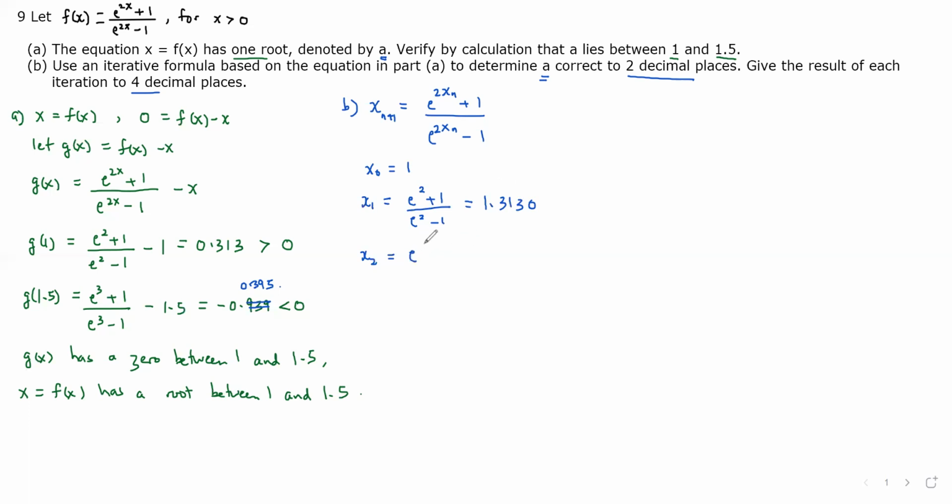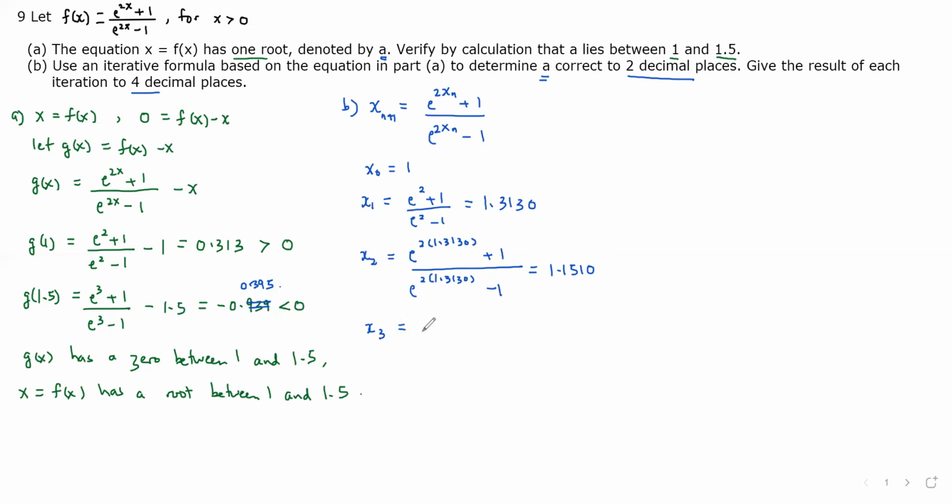You have (e^(2 times 1.3130) plus 1) over (e^(2 times 1.3130) minus 1). And that is 1.1510 to 4 decimal places. We need to continue this until convergence.